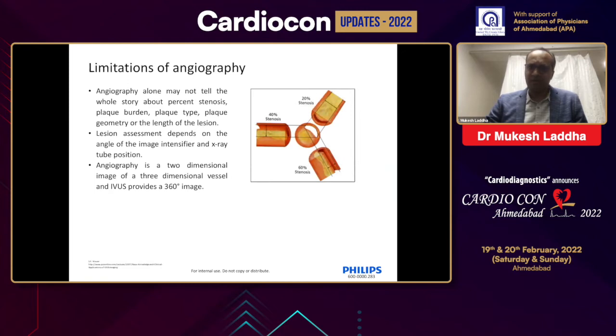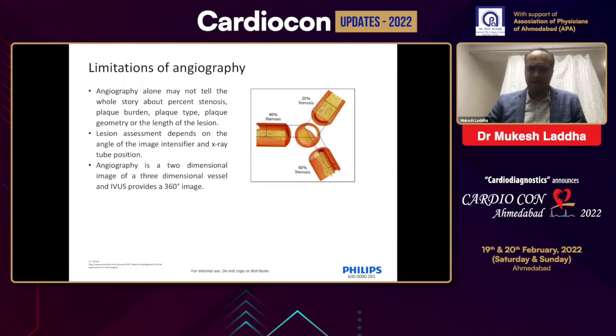Now, the limitation of angiography. For decades we have been using angiography, and with experience, most of us are very well trained cardiologists and do a wonderful job with naked eye angiography and angioplasty.